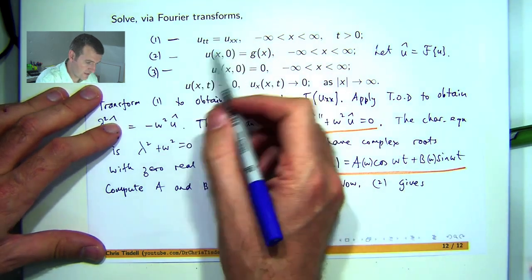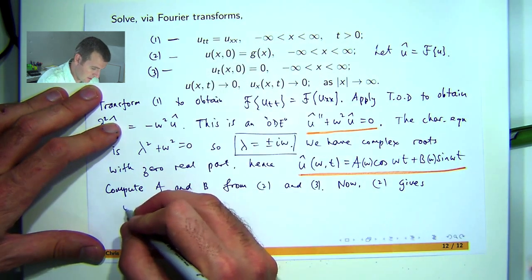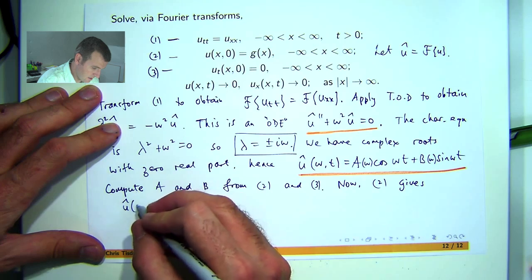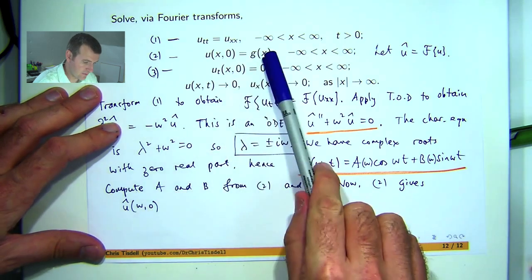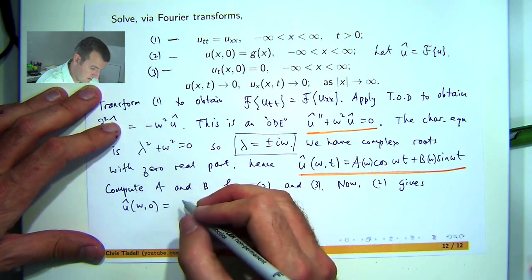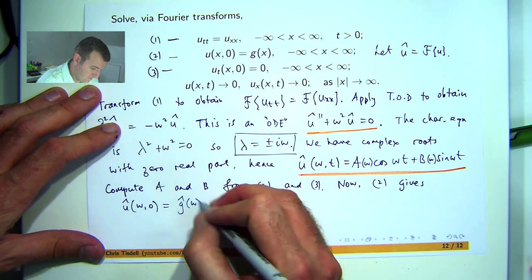Two gives the following. So transform this. And we don't know what G is, but let's assume it has a Fourier transform, G hat.